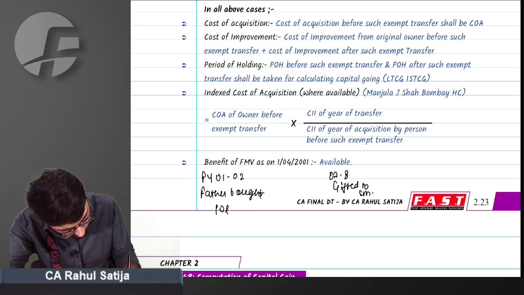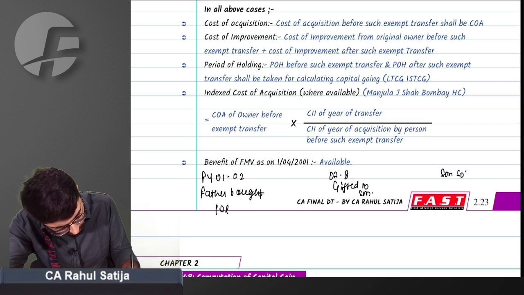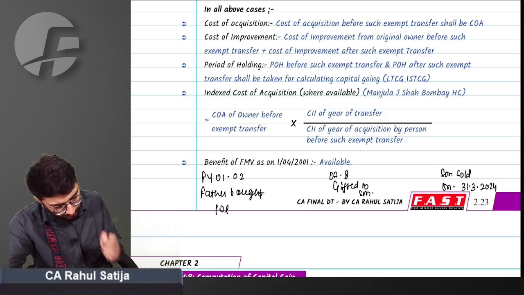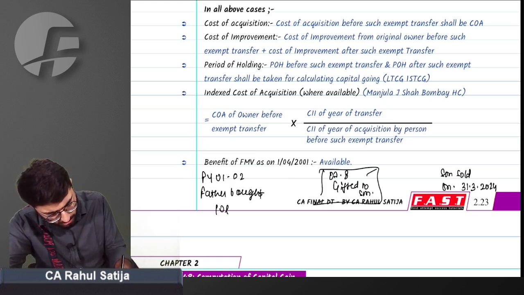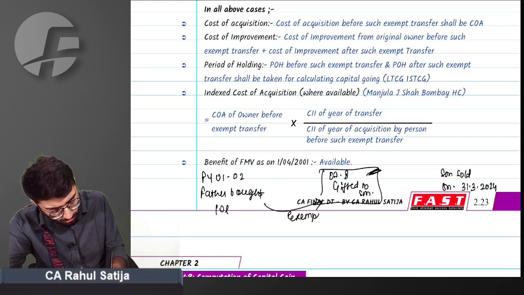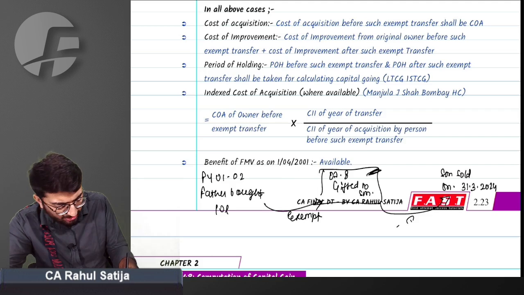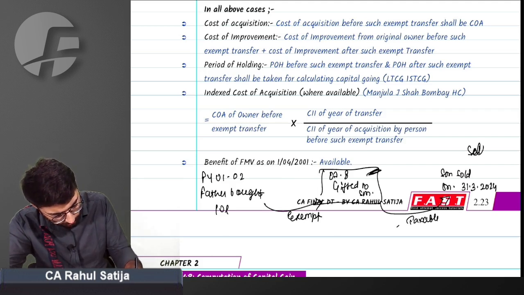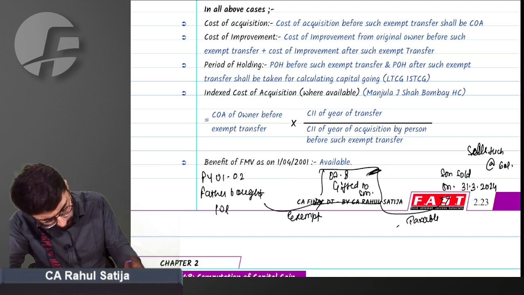Son sold on 31st March 2024. Gifting this property to the son was an exempt transfer. But when the son sells such property, it will be a taxable transfer. For example, the son sells such property at rupees 60 lakhs.